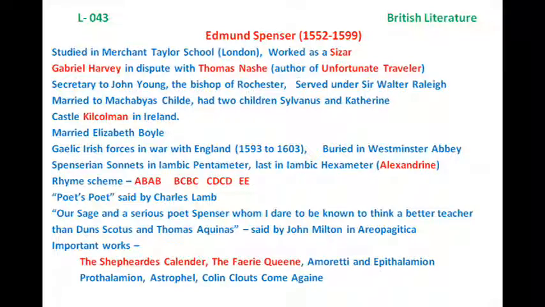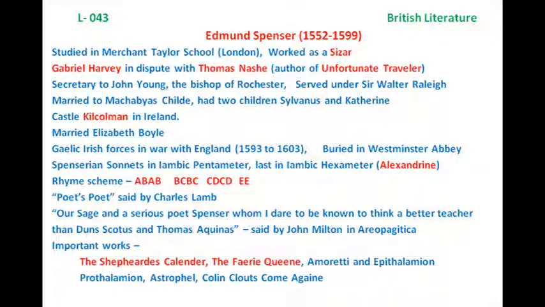Next we have John Milton, and he has written a work that is Areopagitica. In that he quotes something, and you may note down: our sage and serious poet, Spenser, whom I dare to think a better teacher than Scotus and Aquinas.